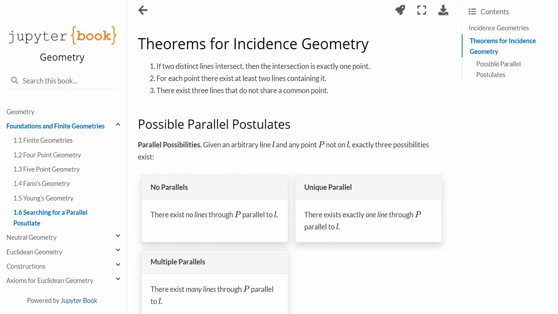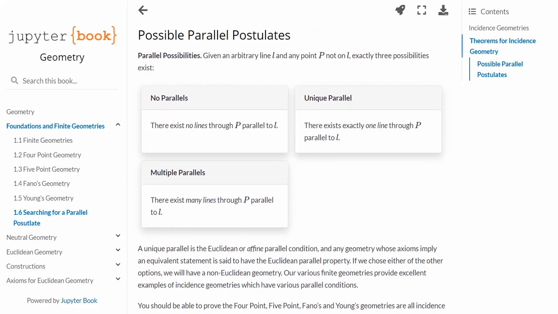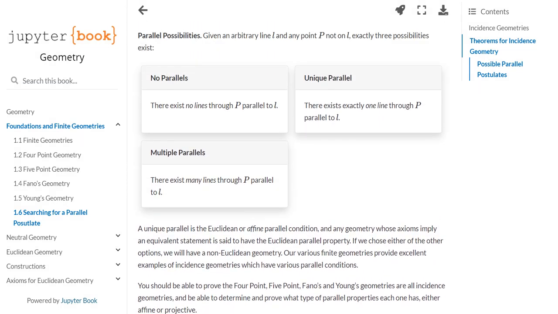We won't prove these because we proved basically forms of them in the finite geometry section. But these are the possible parallel postulates: we can have no parallels at all, a unique parallel, or multiple parallels.